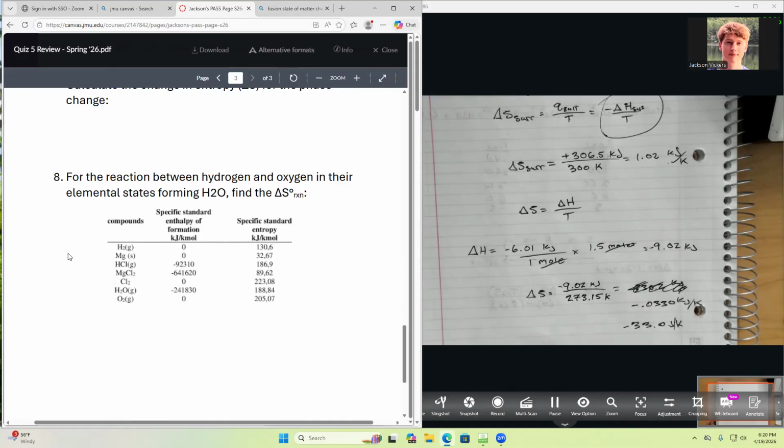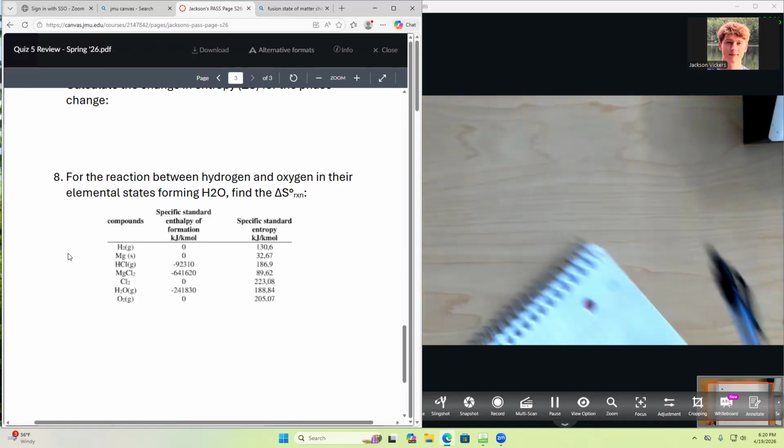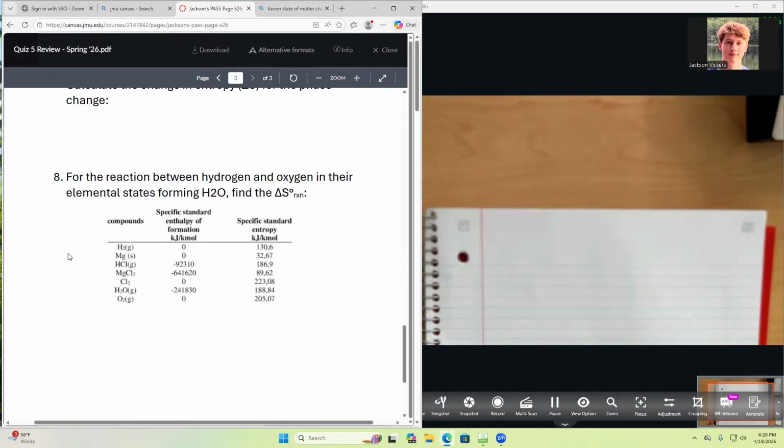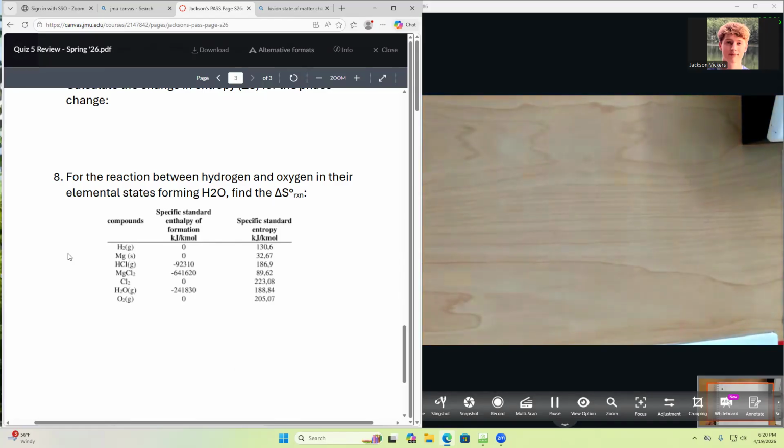I have a table up here, and I wanted to be tricky, so I didn't give you the exact chemical reaction. So we have to figure that out ourselves. I'm saying between hydrogen and oxygen in their elemental states forming water. Maybe spend a minute on this, see if you can figure out what that reaction would look like with the coefficients, and then I'll show it to you up here.